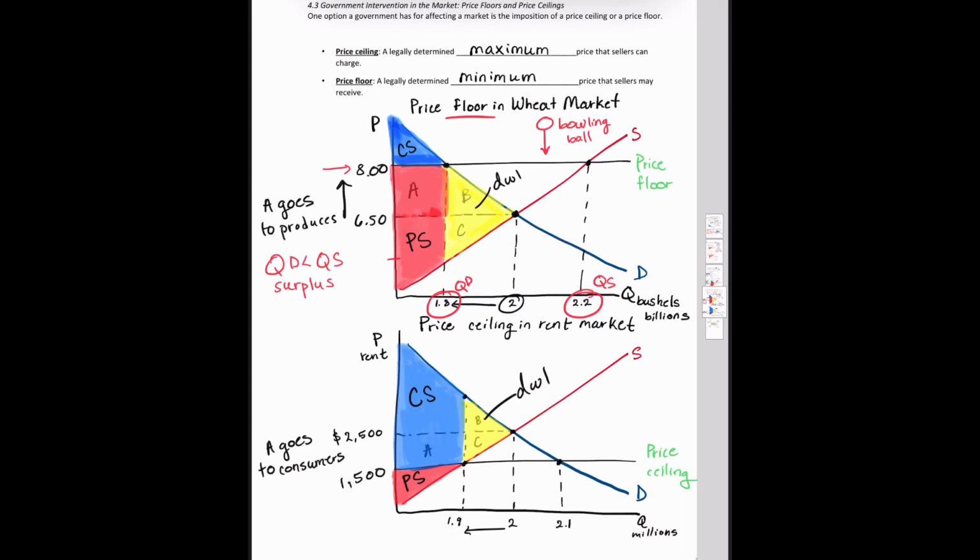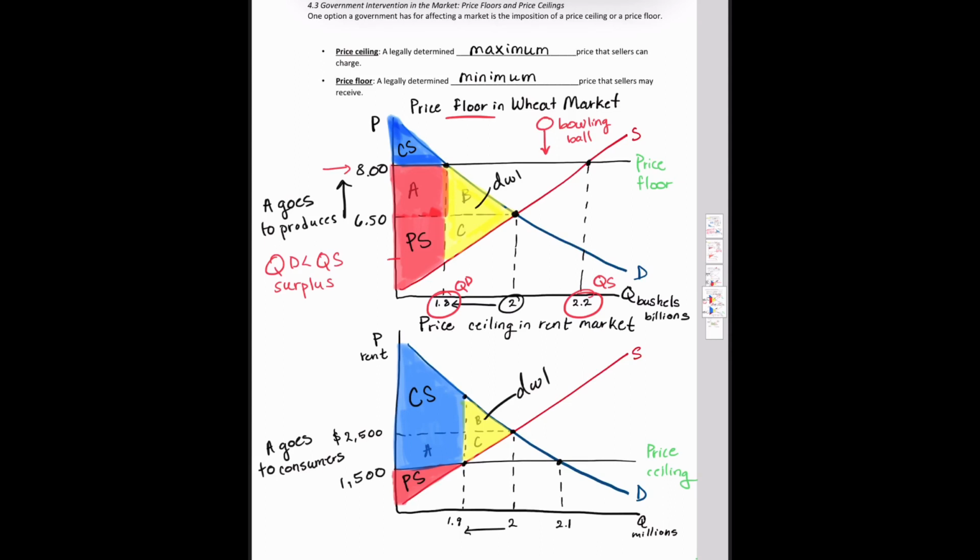Okay, so rectangle A is going to be transferred from landlords to renters. Deadweight loss is going to impact both consumers and producers, and it corresponds to the surplus that would have been derived from apartments that are no longer rented. Again, you see the quantity fall from 2 million to 1.9 million.